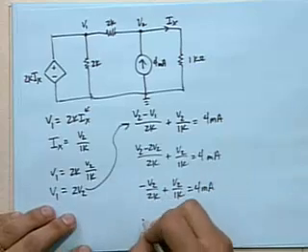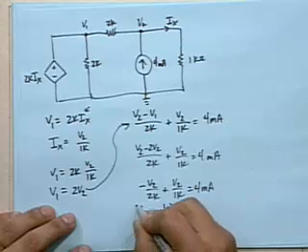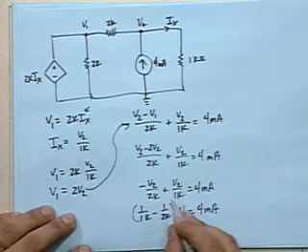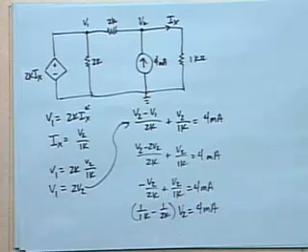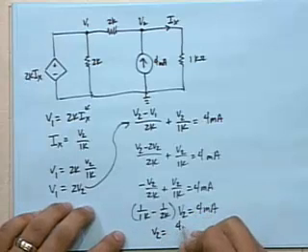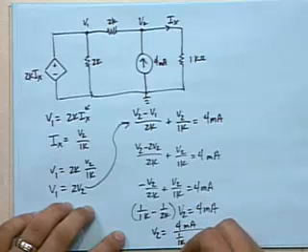You can solve that and say 1 over 1K minus 1 over 2K, times V2, equals 4 milliamps. Divide both sides by that fraction and you'll get V2. I don't have that in my notes, but you can finish it off. So V2 equals 4 milliamps divided by 1 over 1K minus 1 over 2K.